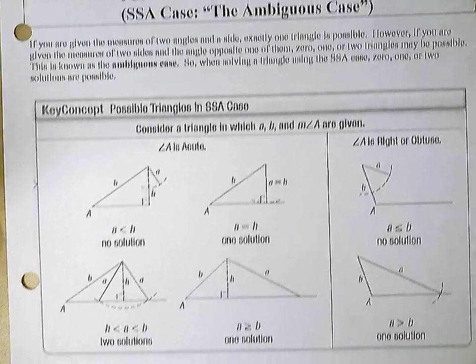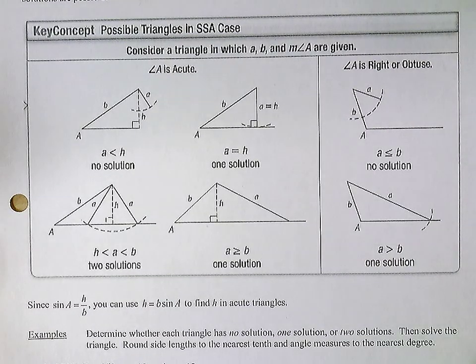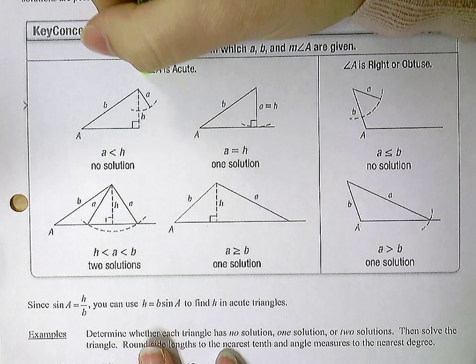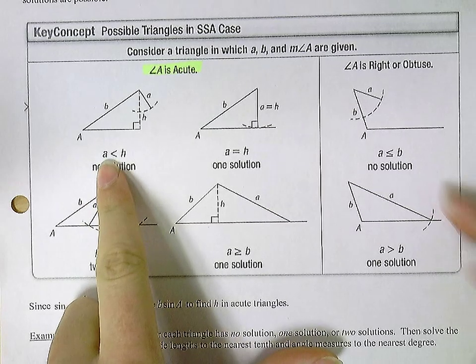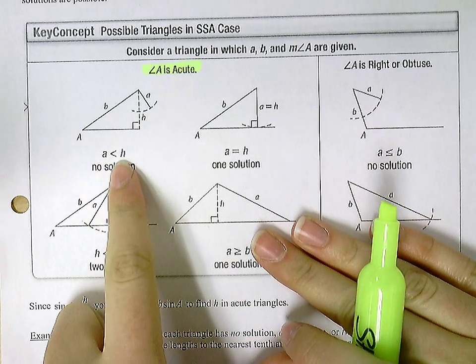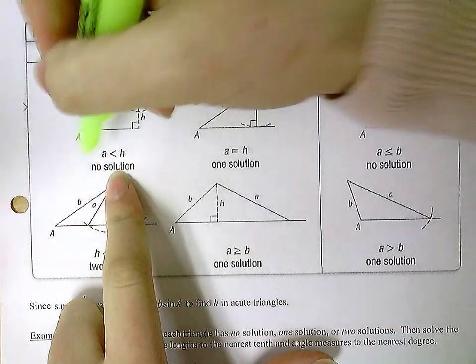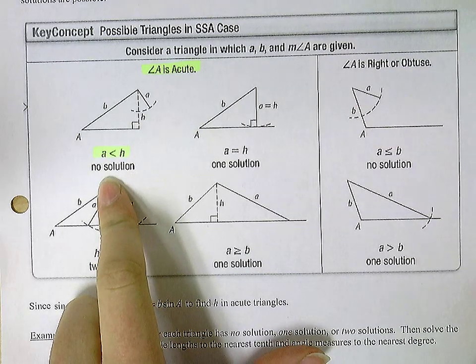So to check to see if you have 1, 2, or 0 solutions, the first thing you're going to do is look at the angle that you're given. So if that angle is acute, you first need to check to see if a, the side opposite the angle given, is less than the height of your triangle. If it's less than the height of your triangle, you have no solutions.